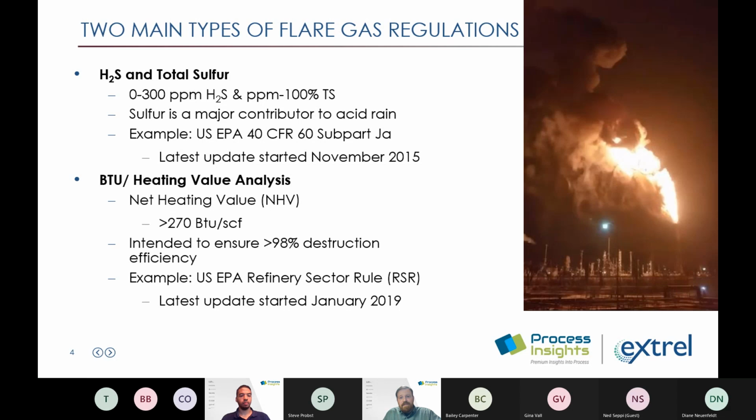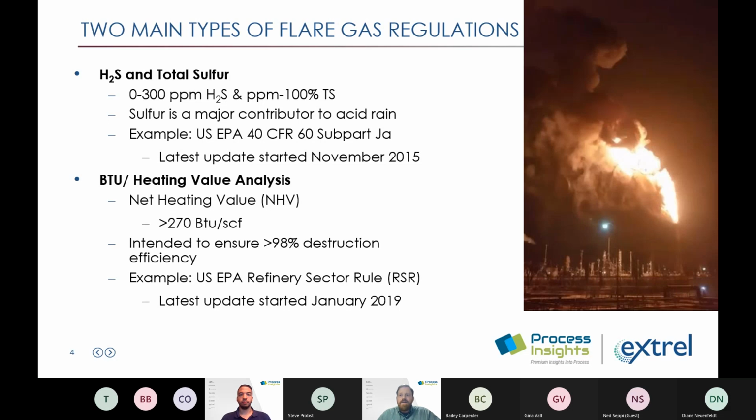The other major class of regulations specifically relates to the combustion efficiency, and whether they're running their flare correctly to destroy hydrocarbons, VOCs, and these other HAPs that are in the vent gas. The way that the EPA elected to do that in the US, and it seems like other regulators are following suit in other countries, is to look at the flow of the vent gas that's going to the flare during a flaring event, and then look at the heating value of that vent gas.